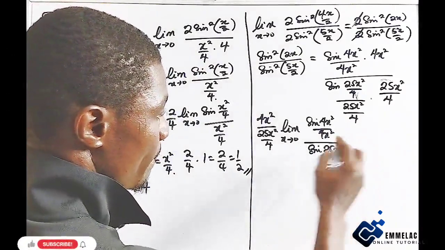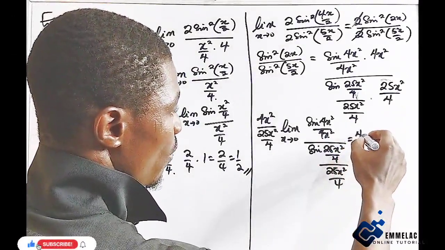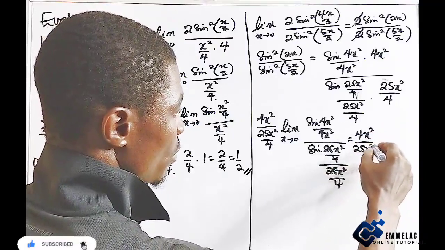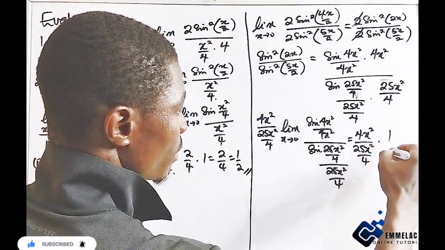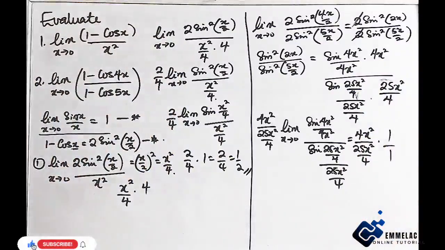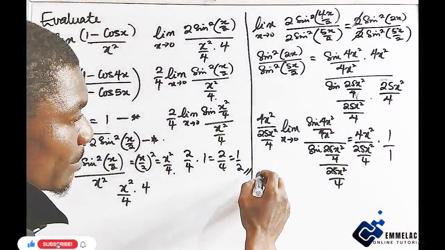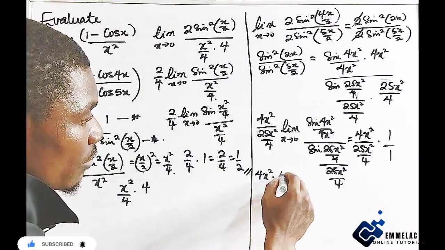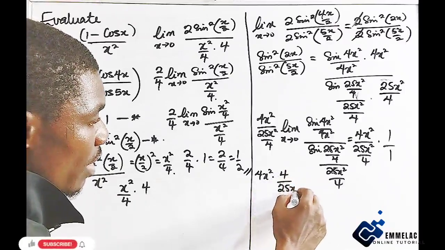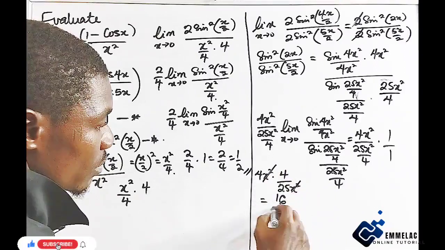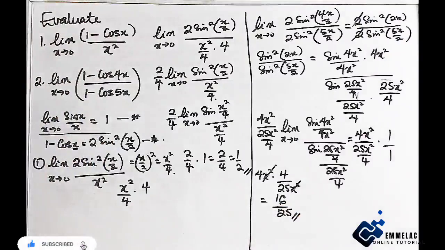So here we have 4x raised power 2 over 25x squared over 4 times 1 all square, then all over 1. Everything is 1, so we are left with 4x squared times 4 all over 25x squared. The x squared will eliminate, so we are left with 16 all over 25 as the final answer.